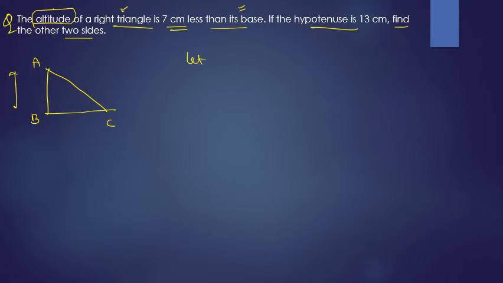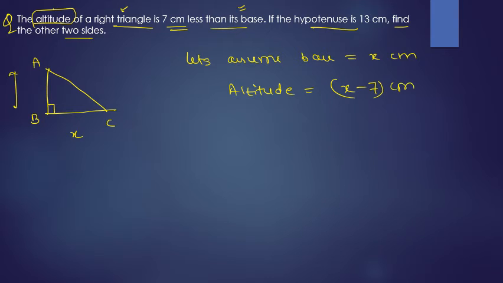So let's assume that the base is x centimeter. So the altitude will be 7 centimeter less than this, so x minus 7. And the hypotenuse is the longest side against this 90 degree, so 13. We have to find the other two sides.